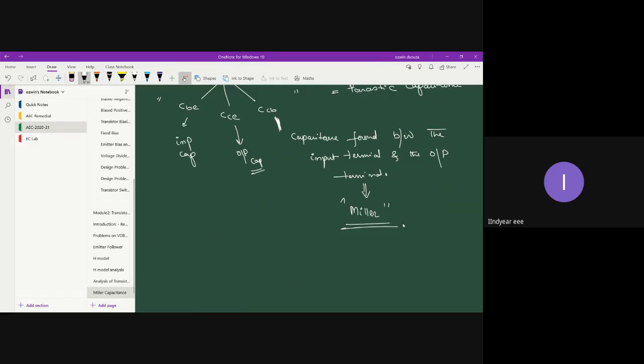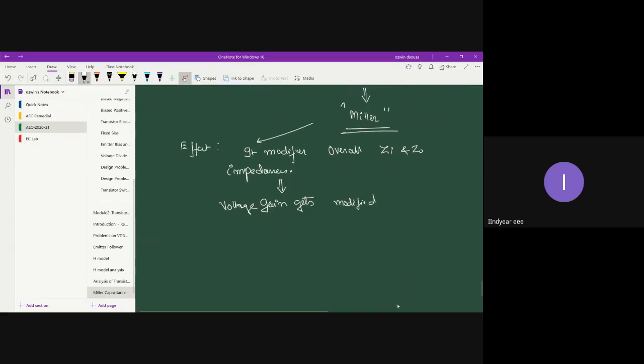Okay, Miller effect capacitance. Now, the effect of this Miller capacitance is that it modifies the overall input and output impedances, due to which the voltage gain gets modified, and hence performance is disturbed.